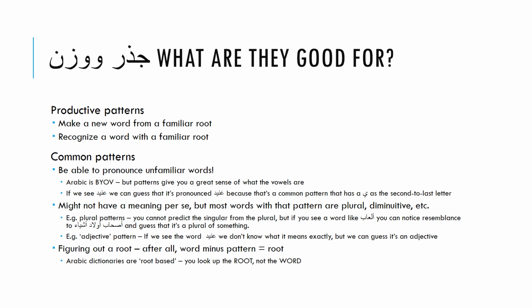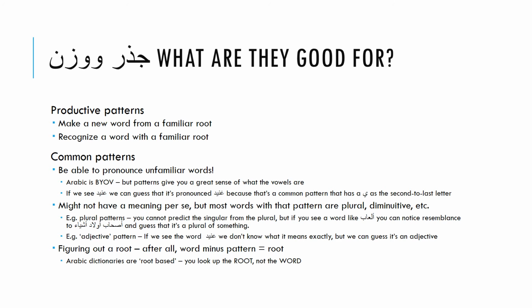Now, some wazns do not necessarily have a meaning, but most words with that particular pattern are plural, diminutive, etc. We've seen this with the plurals, right? You could say that the plural patterns we've seen mean plural. It's a little more complicated than that, and it doesn't necessarily help. You can't necessarily predict the singular from the plural, or the other way around, the plural from the singular.